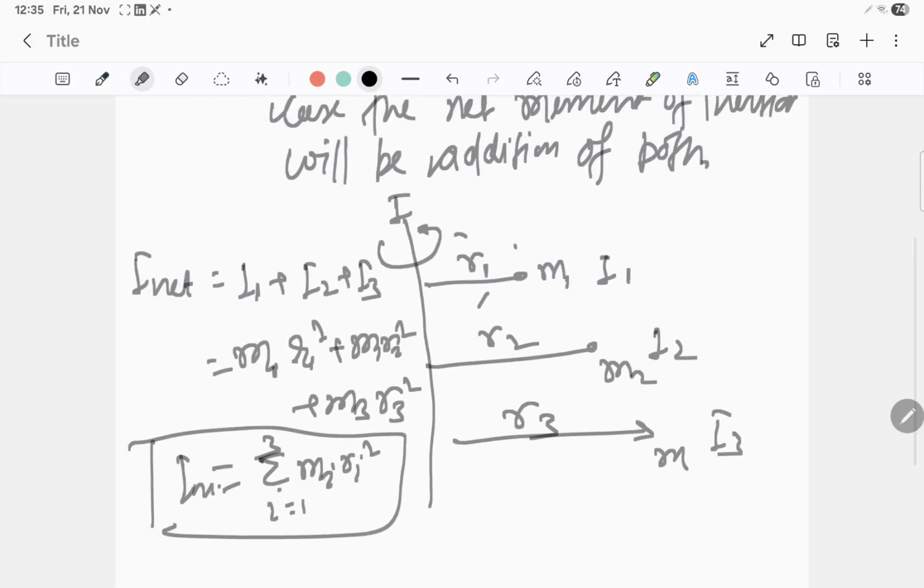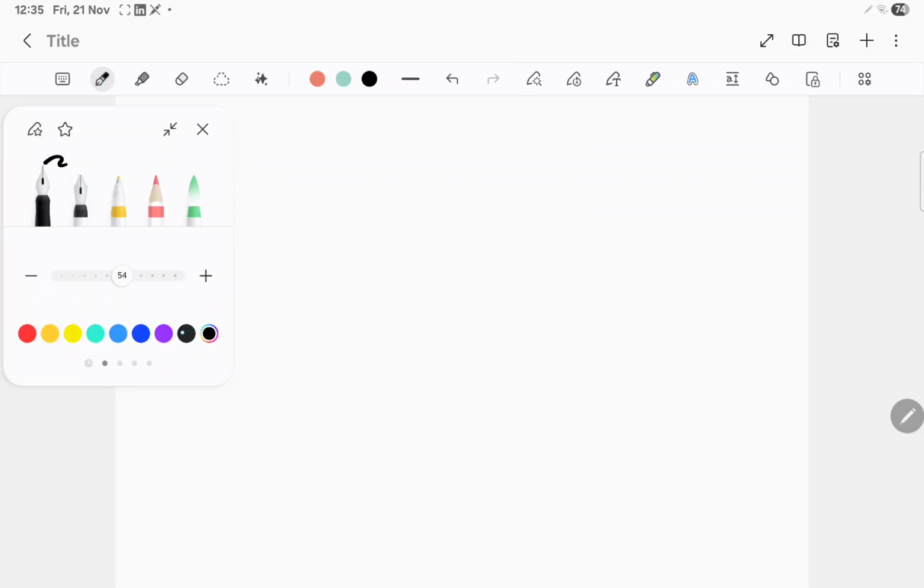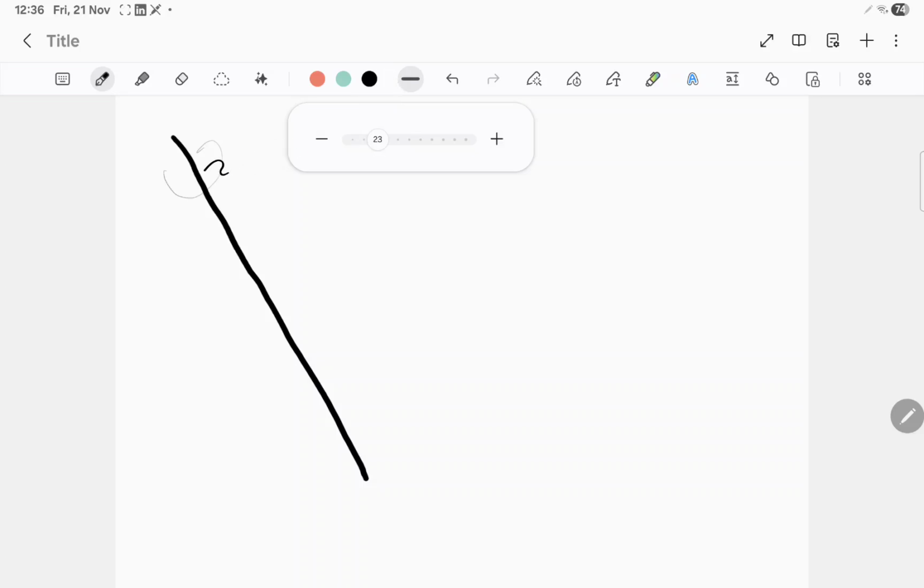The first basic question: we want to find the moment of inertia about this axis.